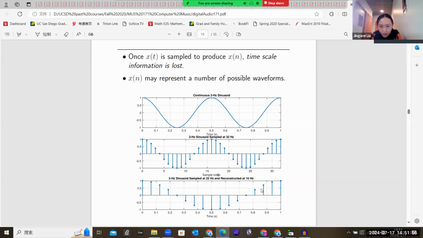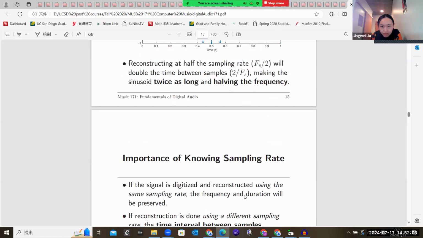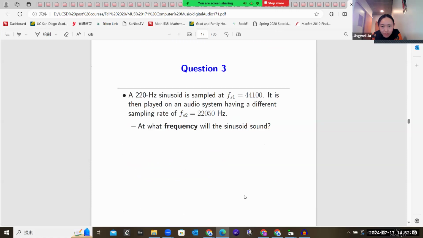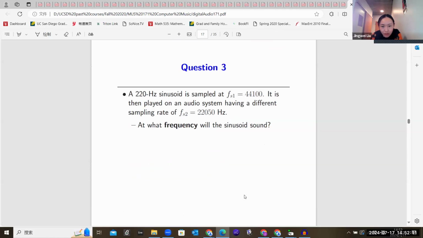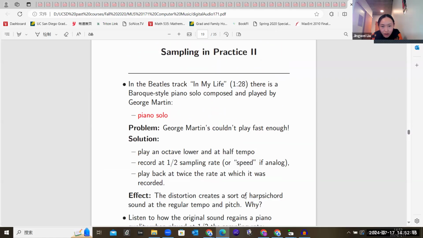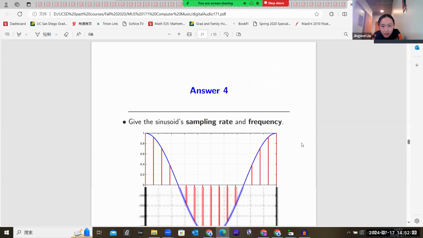So the sampling points are much more sparse. So just some math problems. Sampling in practice, frequency.